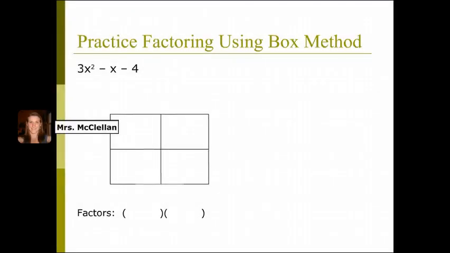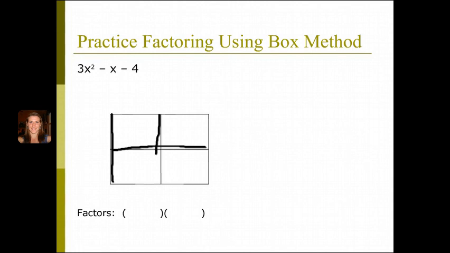This example is a little bit different than what we've seen before, because this time we have a coefficient on our x squared. So we're still going to use the box in the same way, but remember we have to multiply. So we have our 3x squared in our first box and a -4 in the last box.